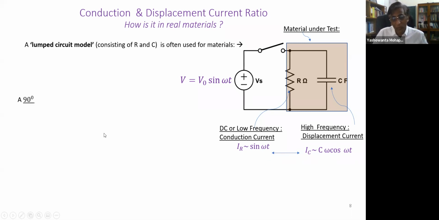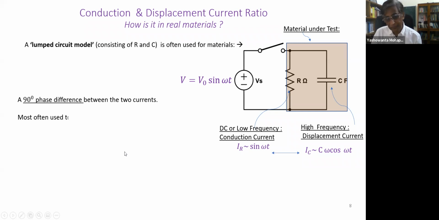This 90-degree phase difference between the two currents is how we distinguish, in any material, how much is the conduction current and how much is the displacement current at any particular frequency. You can check which component of the current is 90 degrees phase shifted from the source voltage, and that is the displacement current.